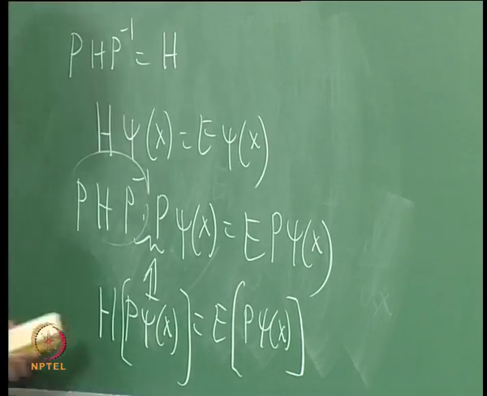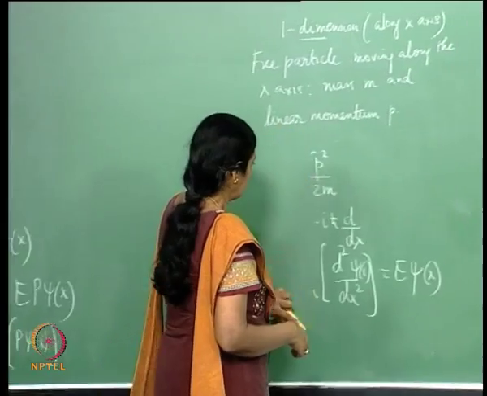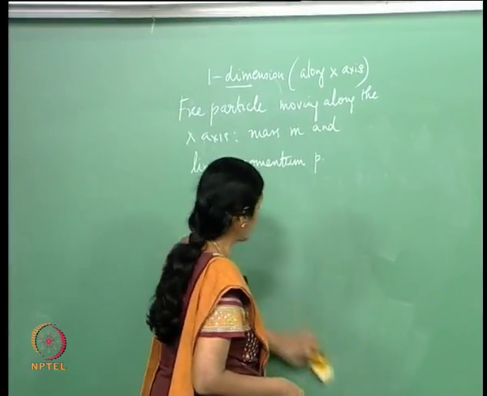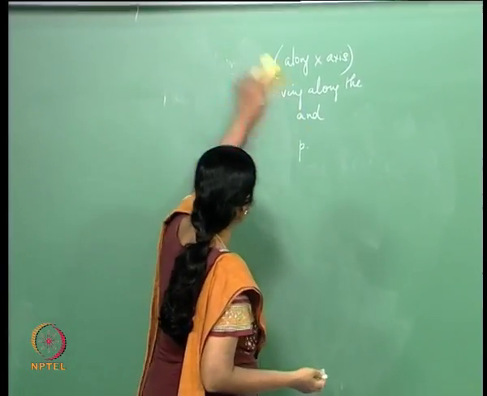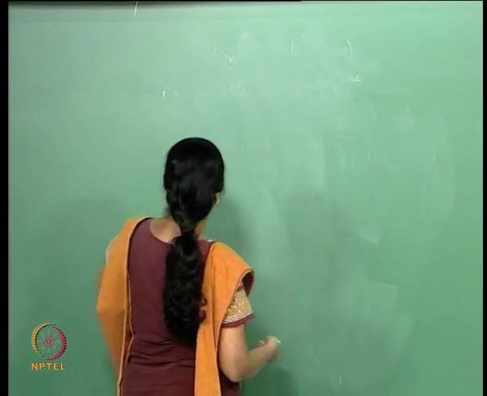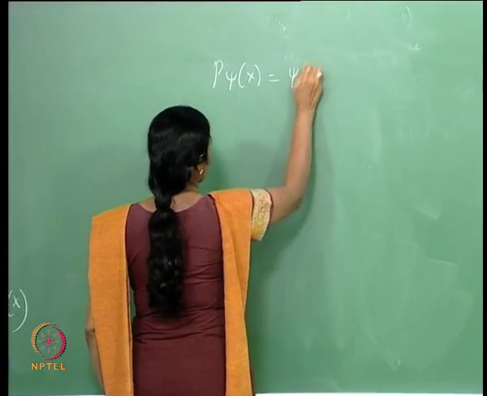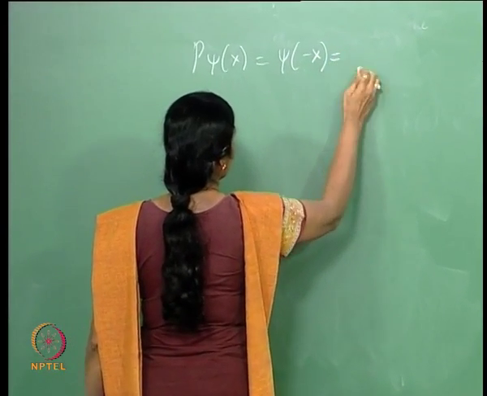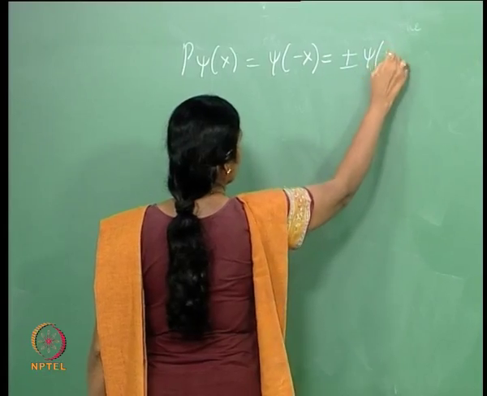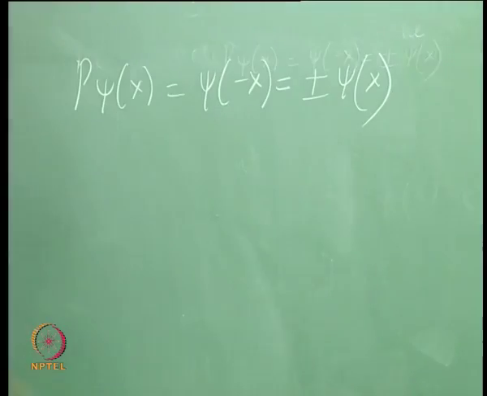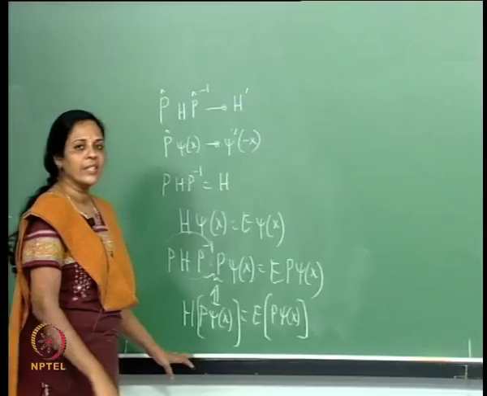So for a non-degenerate situation, as happens in the case of the simple harmonic oscillator, P psi of x is psi of minus x, but that is plus or minus psi of x. Only then this equation is satisfied, where E is non-degenerate.